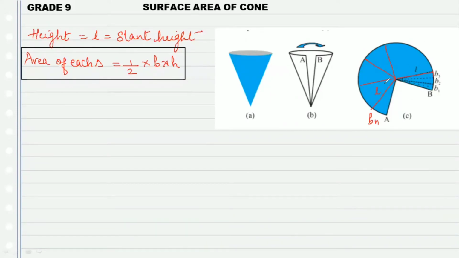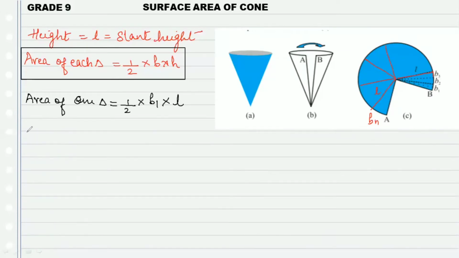Let us first find the area of one triangle and then we will multiply it. So the area of one triangle will be half into base, the base will be b1 for the first triangle, into its height. Height will be L.